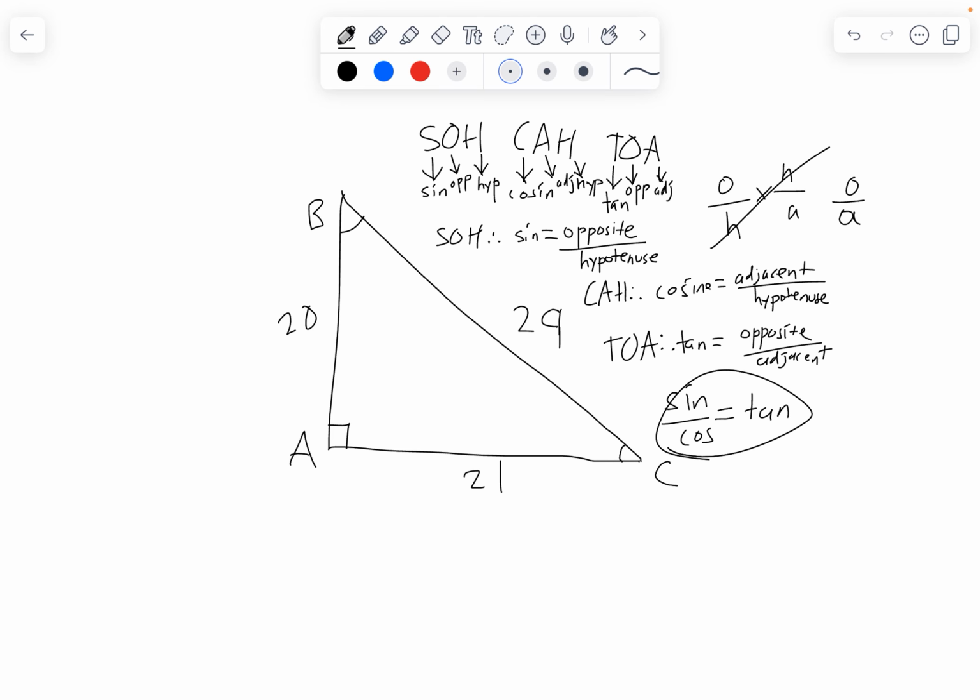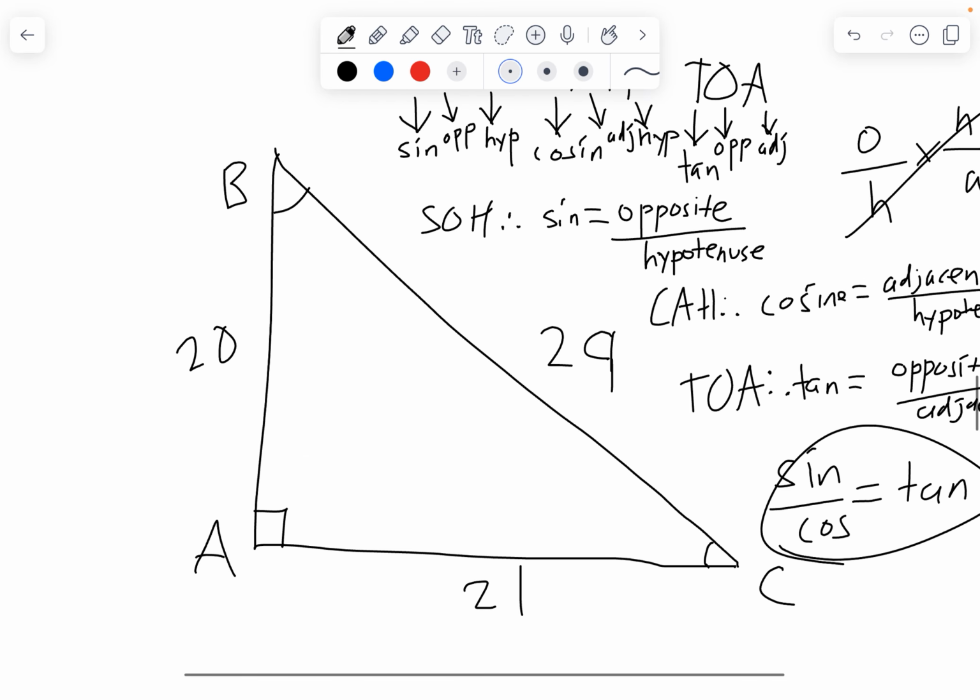Why do we need this? And this is a good example. So here we have a triangle labeled ABC, and we have the values of the lengths of these sides.